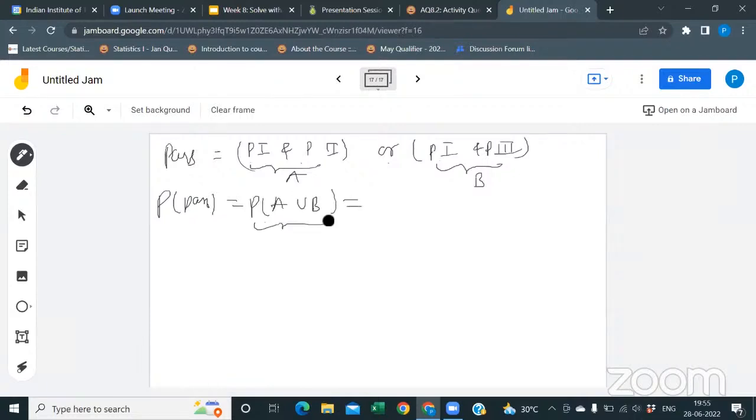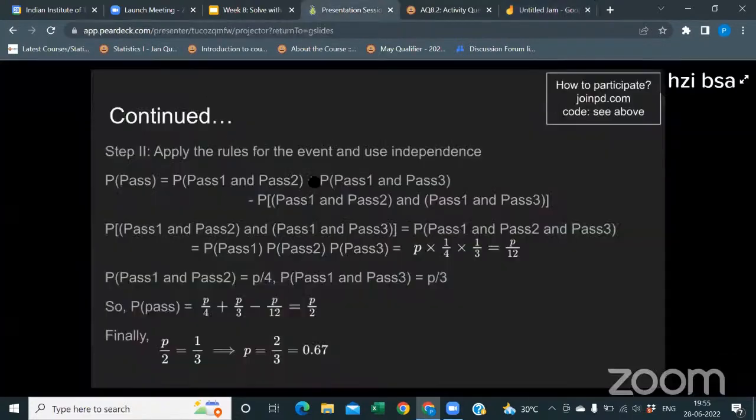Yes, A or B, so we can write A union B. So I can write probability of A union B as probability of A plus probability of B minus probability of A intersection B, right? Is it clear? Now, A is pass 1 and pass 2. B is pass 1 and pass 3. This is A, this is B, this is A and B.